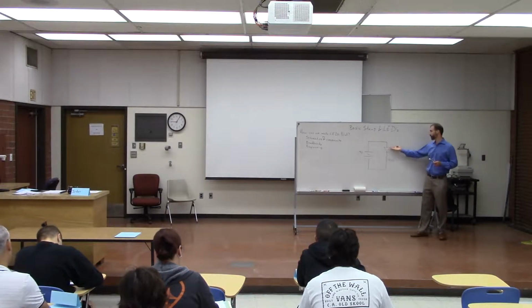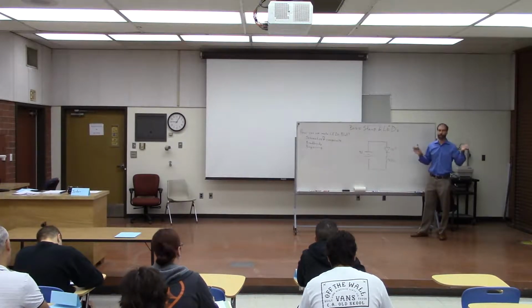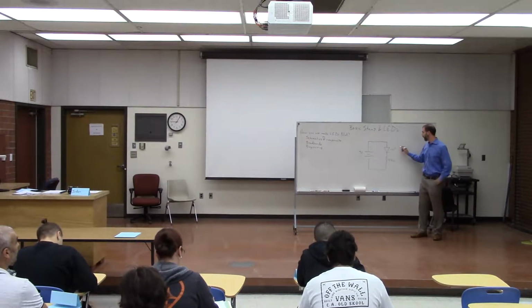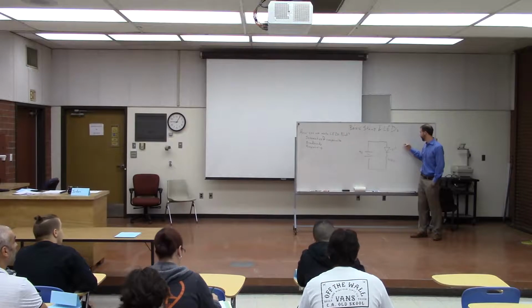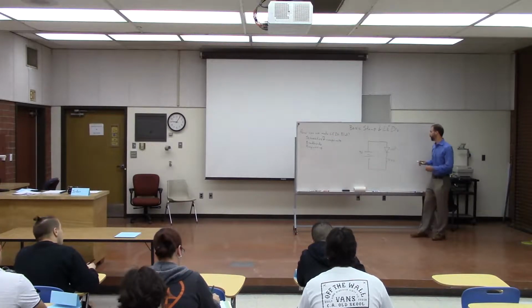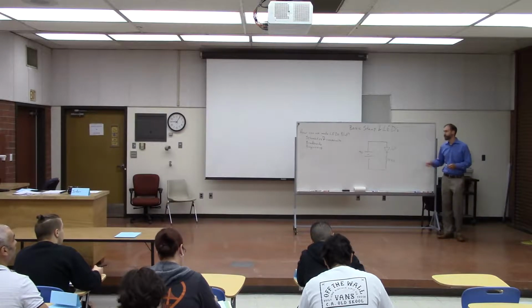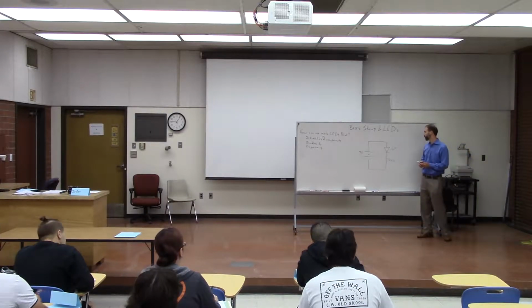Anybody know what this symbol is? If not, that's totally fine, because you're brand new. This symbol is an LED. So if you want to make your own schematic diagram and you want to tell somebody to put an LED in a circuit, this is how you draw it. Okay?